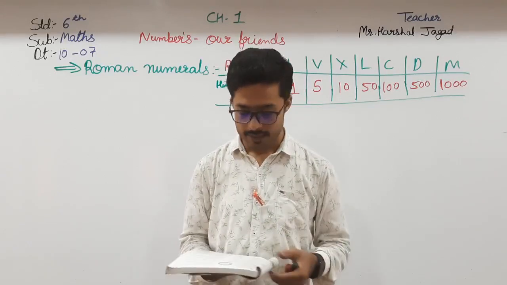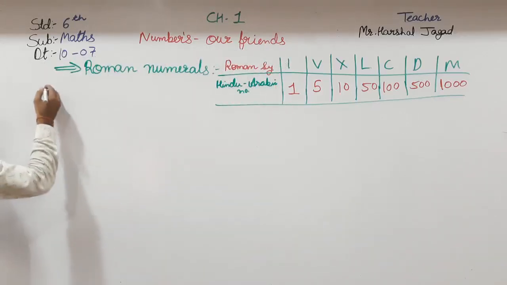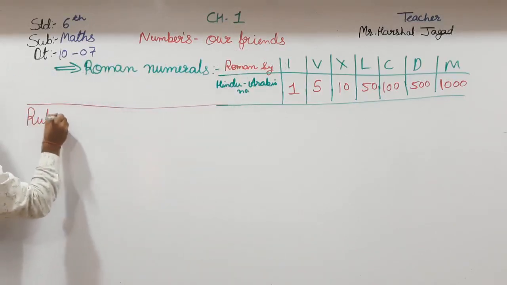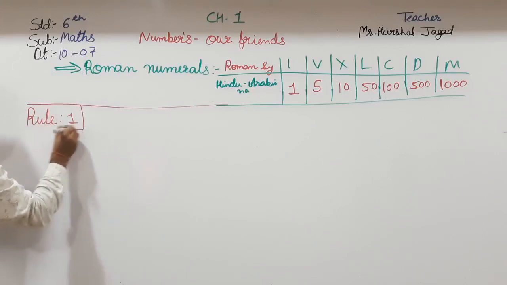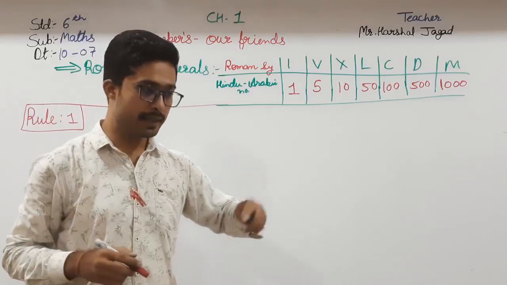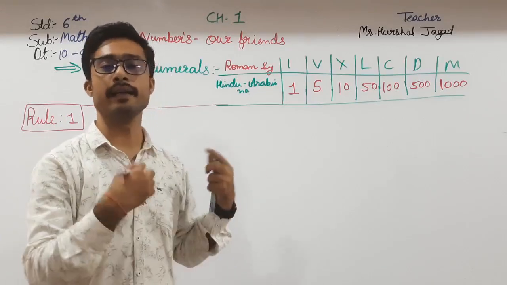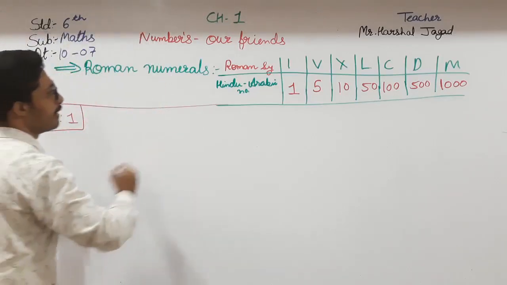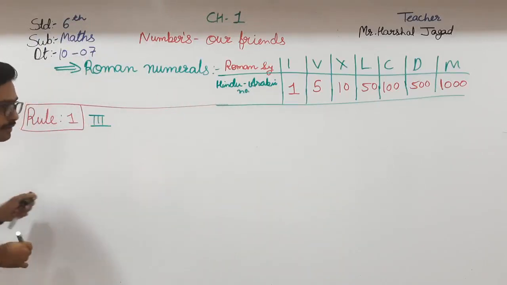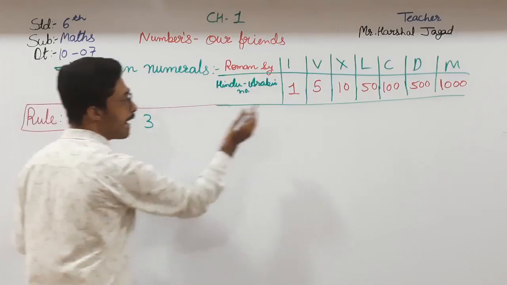For example, rule number 1. In the Roman numerals, what happens if the digit is repeated as many times, then it is added. If I give the example, I is repeated 3 times, then its value will be 3, because the value of I is 1.